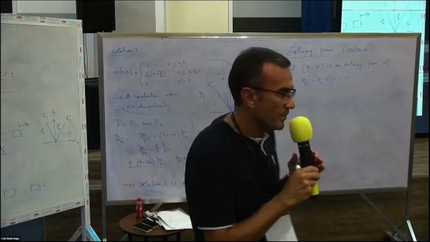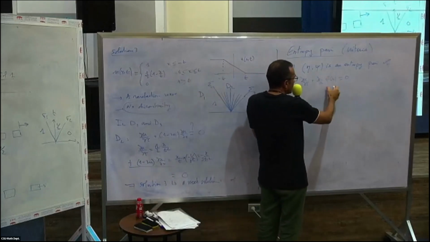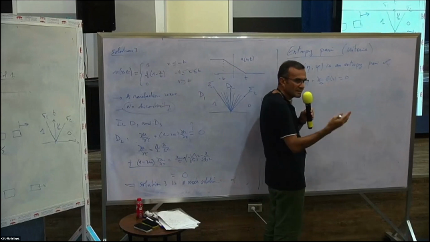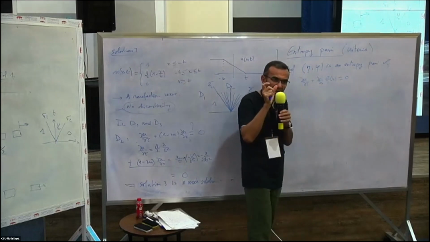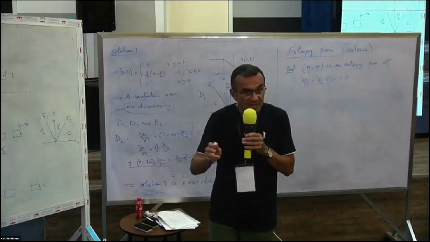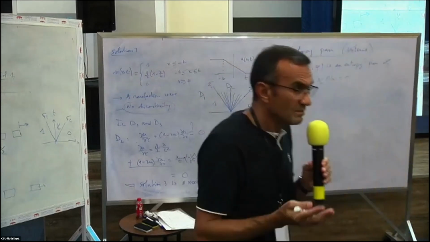If you have a discontinuity, it's like a Heaviside function. The derivative of a Heaviside function is a Dirac, which is defined. But if you put A of u multiplied by d_x u, you have a Heaviside multiplied by a Dirac. There is no definition of this.